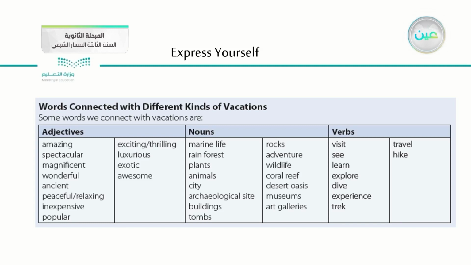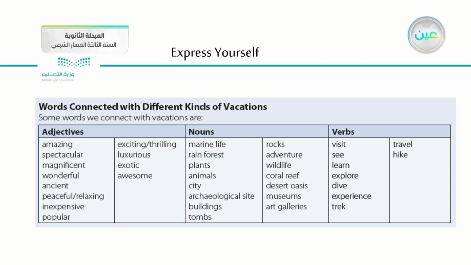And here we have the nouns list, which is marine life, rainforest, plants, animals, city, archaeological site, buildings, tombs, rocks, adventure, wildlife, coral reef, desert oasis, museums, art galleries, and here we have verbs: visit, see, learn, explore, dive, experience, trek, travel, and hike.